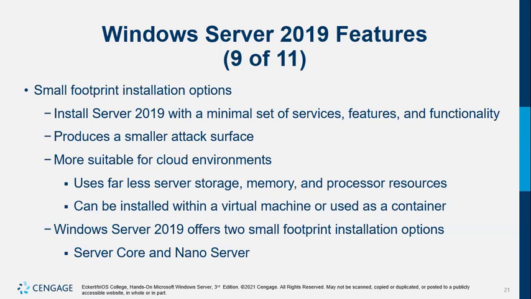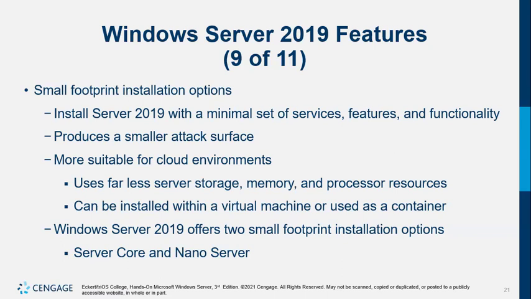The other options are Server Core and the Nano Server option, which have a smaller footprint, which basically installs a smaller version of the operating system. Server Core, for example, does not have the desktop environment, so it boots right into a command prompt, and for that reason, you don't have that desktop environment running.